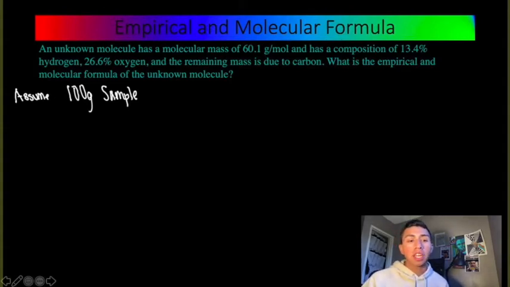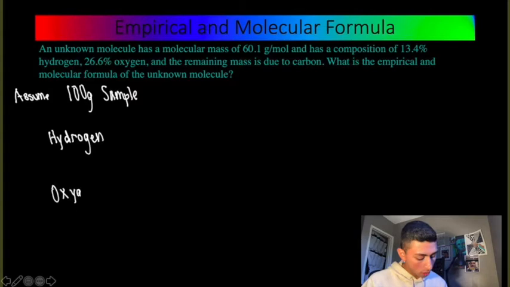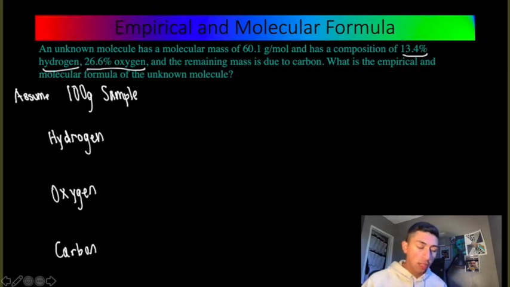In this particular problem, we have 3 elements that make up that mysterious molecule: hydrogen, oxygen, and carbon, right? We know that from the problem because 13.4% of it is hydrogen, 26.6% is oxygen, and the remaining mass is essentially due to carbon.